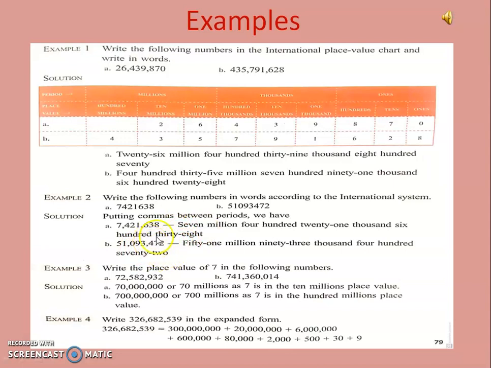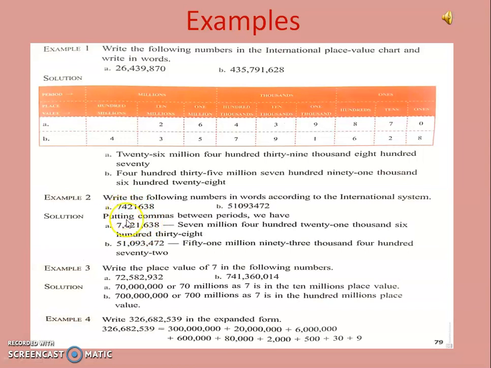As we know, the international system puts commas after every three digits in the number. So we will start from the right side. So from the right side, the initial three digits are 8, 3 and 6. We will put a comma after 6. Then again the next three digits are 1, 2 and 4 from the right side.